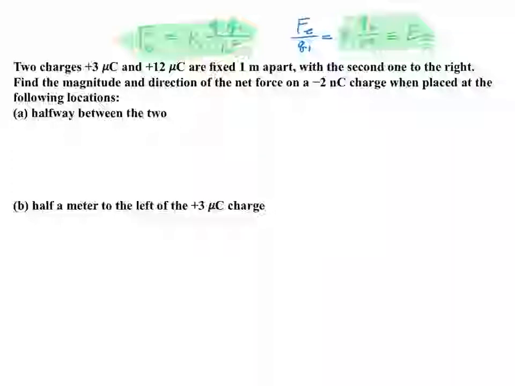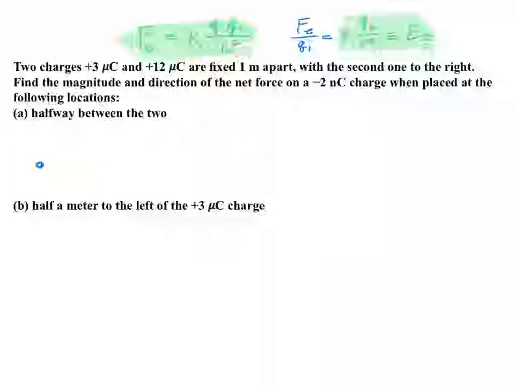All right, so I have two charges, plus 3 microcoulombs and plus 12 microcoulombs are fixed 1 meter apart, with the second one to the right. So if we draw a picture here, I need to get out of my pen mode.